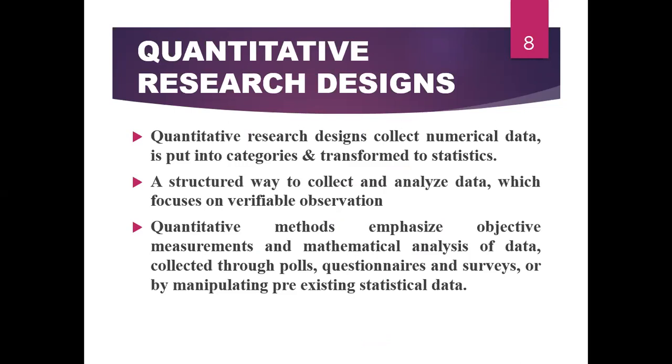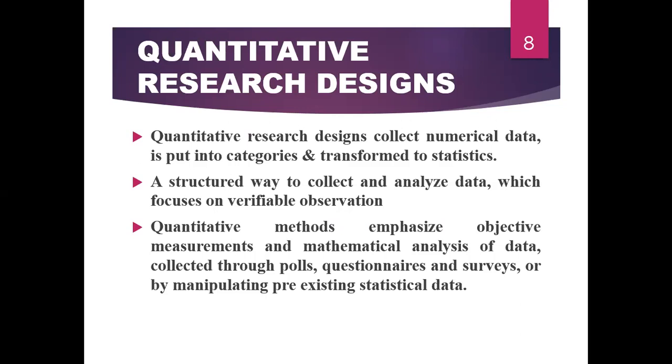So it is a structured method to collect and analyze the data, which focuses on verifiable observation. They use objective measurements and mathematical analysis of the data, which is collected through questionnaires, surveys, polls, or by manipulating pre-existing statistical data.